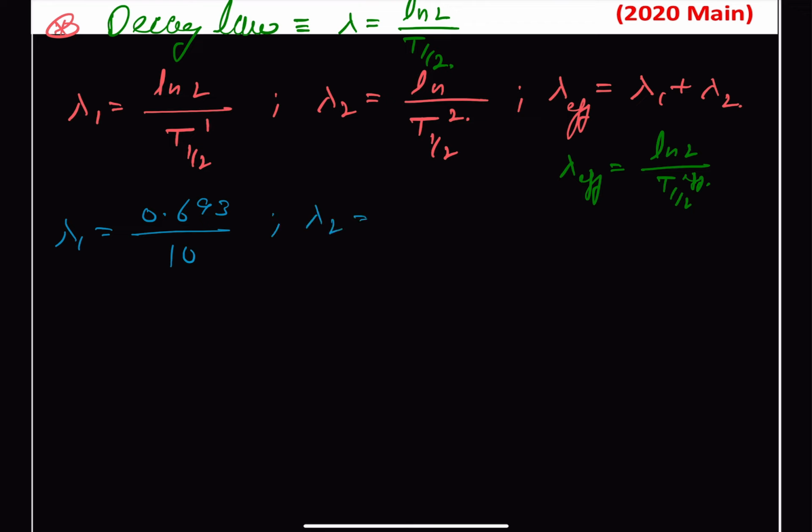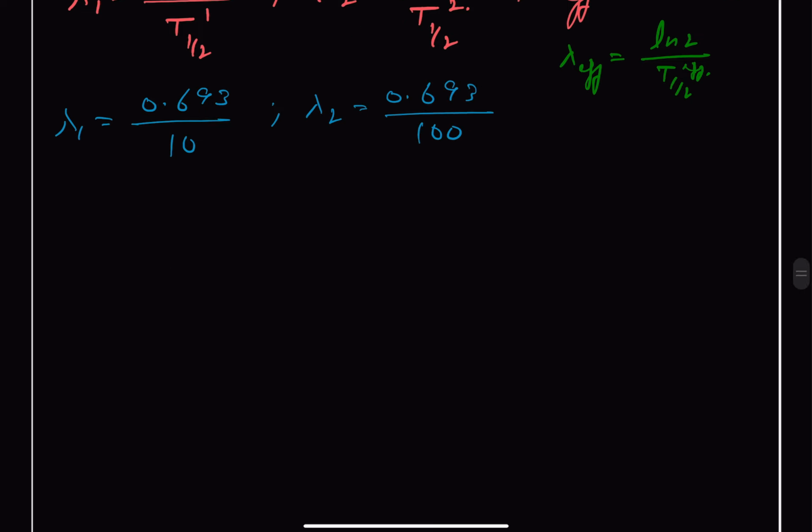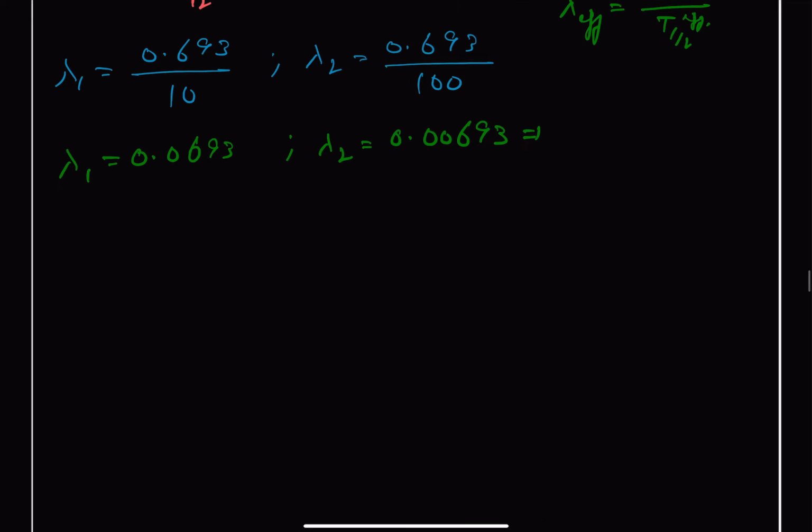Lambda 2 will be equal to 0.693 divided by 100, for the second is our 100. So we get that our lambda 1 will be equal to 0.0693, and we have lambda 2 will be equal to 0.00693.